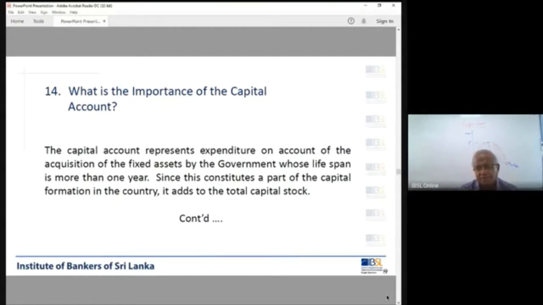But the capital account means acquiring fixed assets, hospitals, roads, schools. When the government has these things, it adds to the capital stock. If there is a sudden shock, like a tsunami, capital stock decreases. Right?